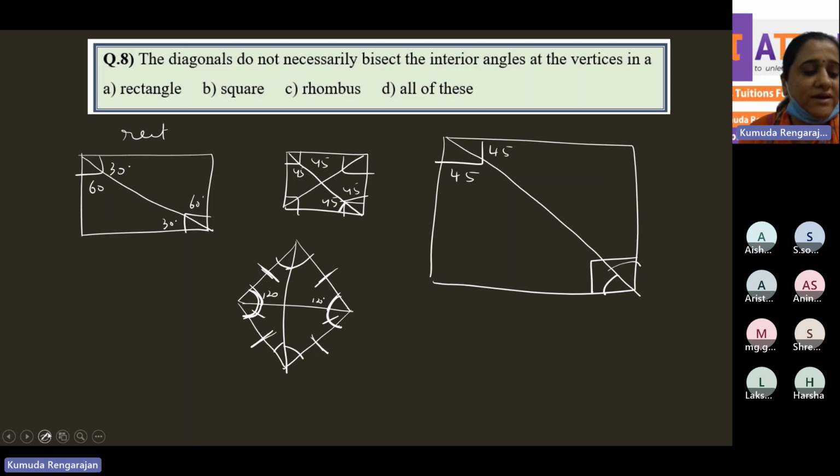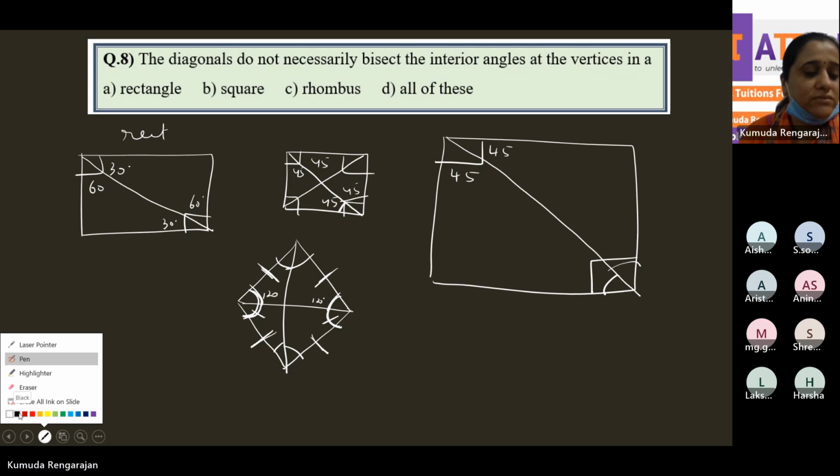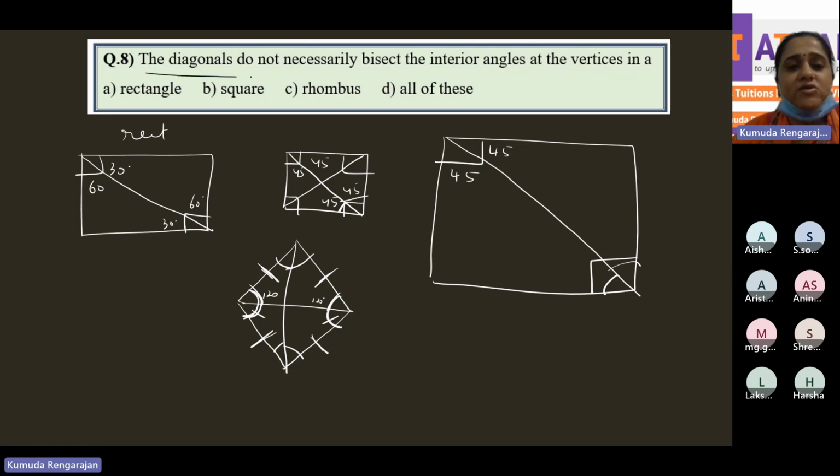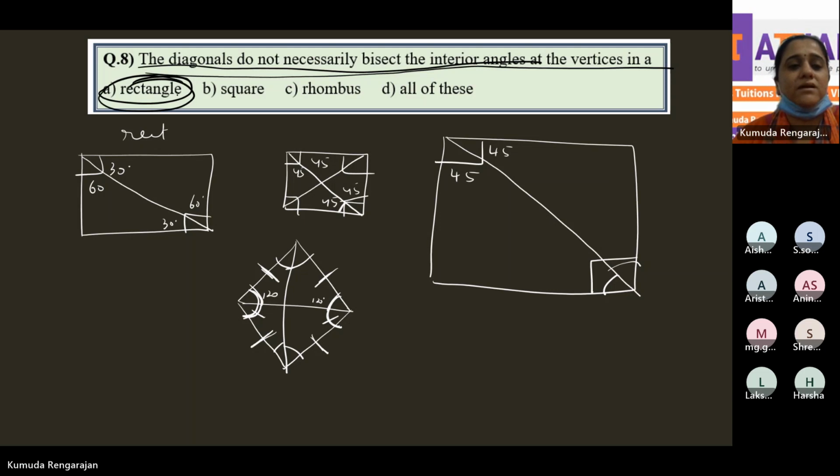In a rectangle, the diagonals do not bisect the interior angles at the vertices. The answer is rectangle. They bisect in a square and a rhombus, but not in a rectangle.